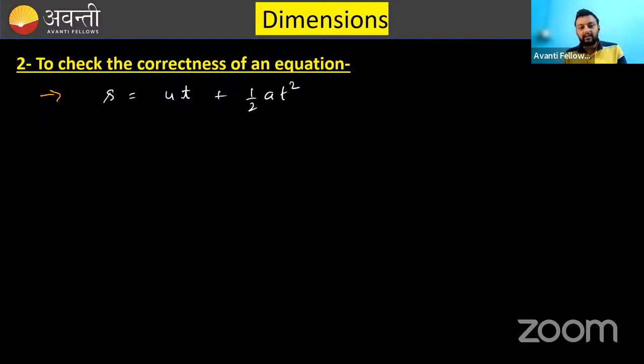You cannot add time with mass. You can add time with time only. That means subtraction and addition of the same physical quantity is possible. This is the very basic fundamental rule, and this principle is known as the principle of homogeneity.